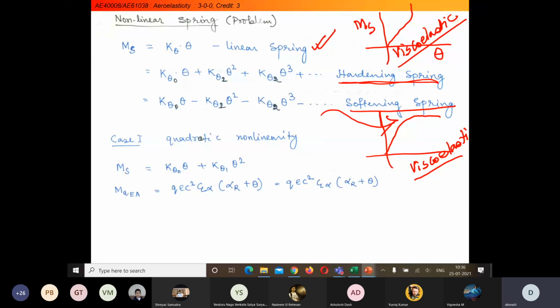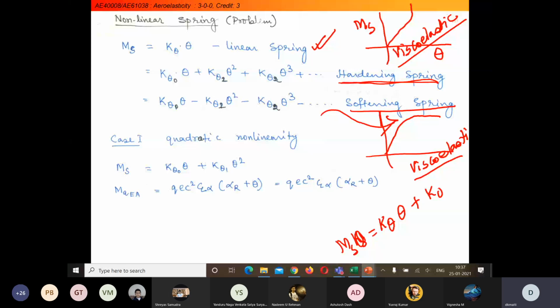Whatever we have considered in this theory, always we have considered that structural stiffness k theta into theta is the structural stiffness. Whatever we are calculating the moment, in this case M s equal to this. But there are some materials where we can get k theta into theta plus, let's say, k theta c into theta dot.